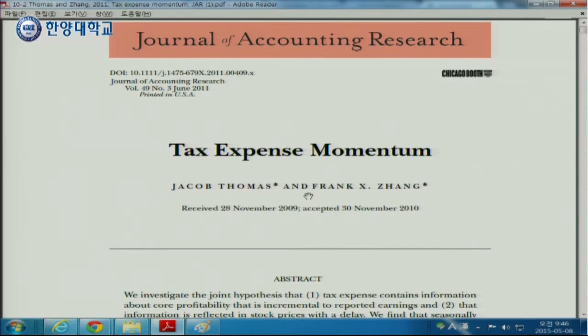Of course, tax expense surprise can happen when there is earnings surprise. That is one possibility, right? If a firm makes surprisingly more money, then they have to pay surprisingly more tax. That is one obvious reason, right?